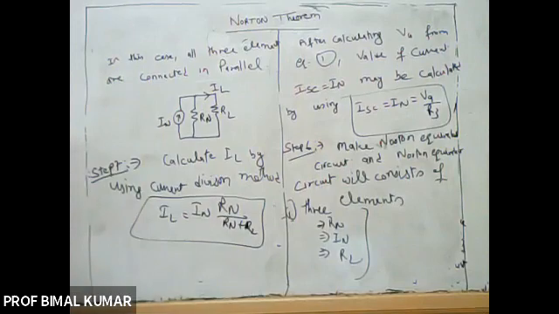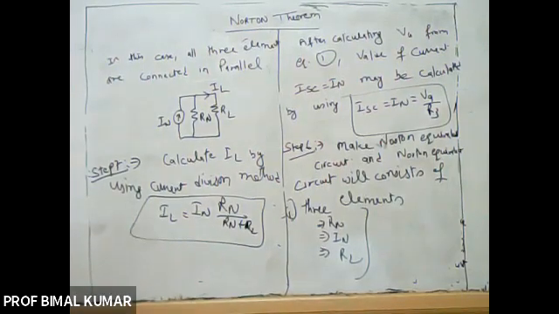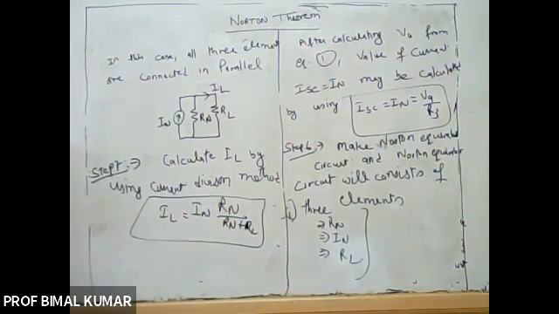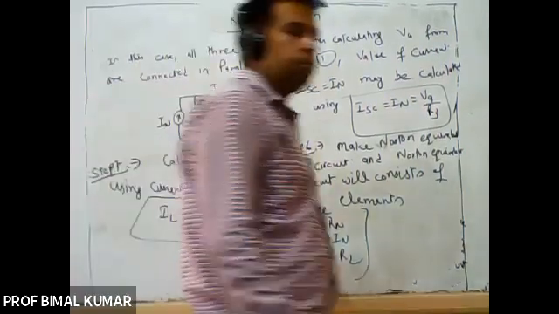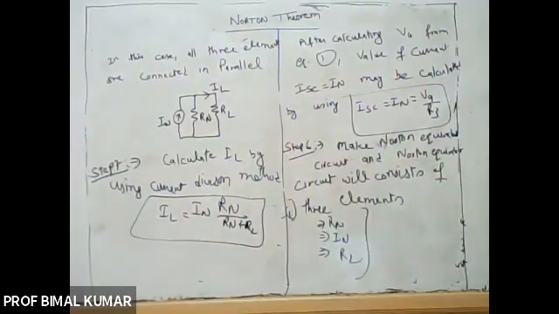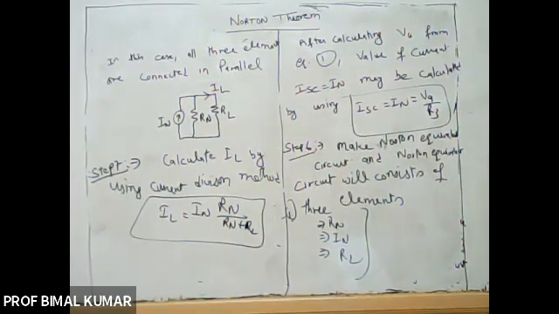So IL by the use of the Norton theorem is equal to IN into RN divided by RN plus RL, right?